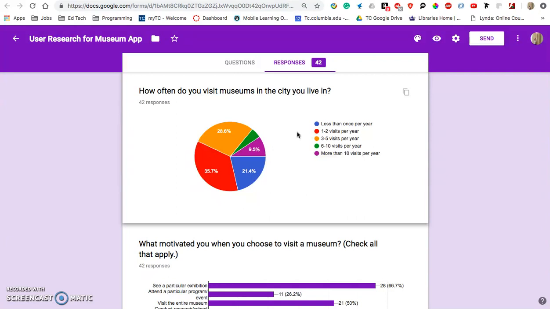That also gave me a direction for how to build the functions in the app. Maybe I will focus more on people who travel to other cities.